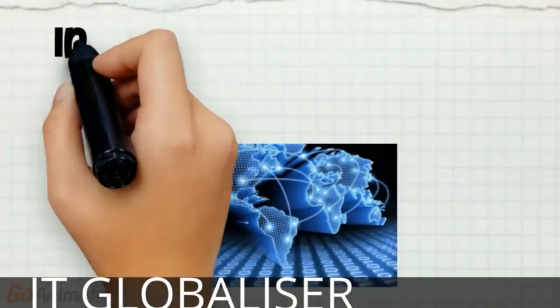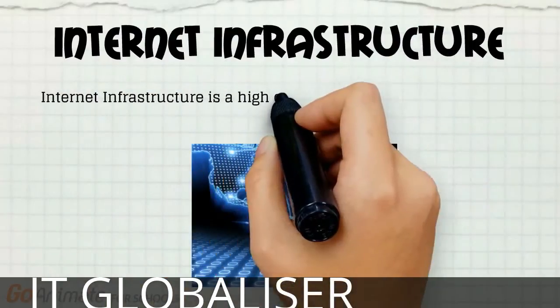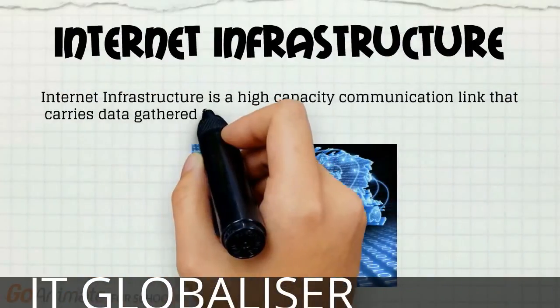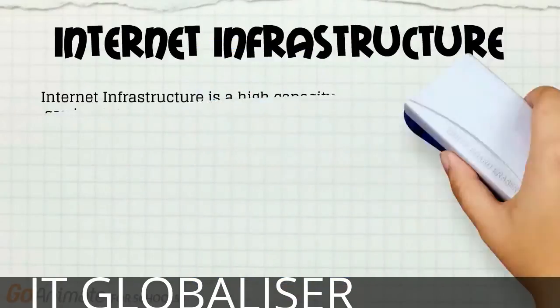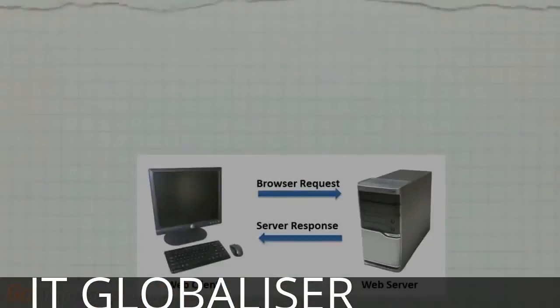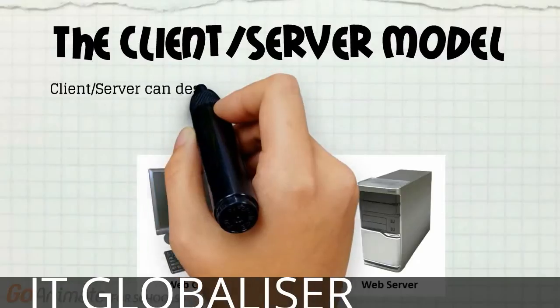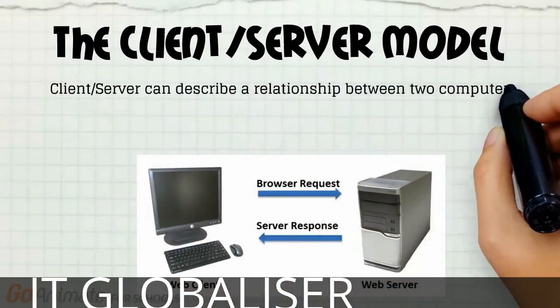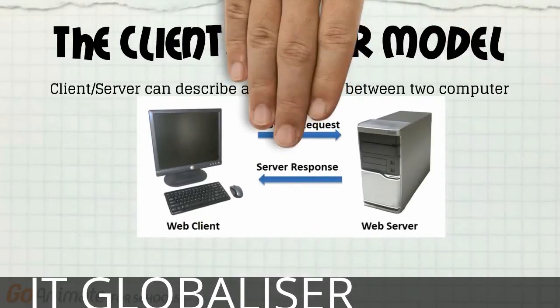Internet infrastructure is a high-capacity communication link that carries data gathered from smaller links that interconnect with it. Client-server can describe a relationship between two computer programs, the client and the server. For the Internet, the client is a web browser and the server is a web server.